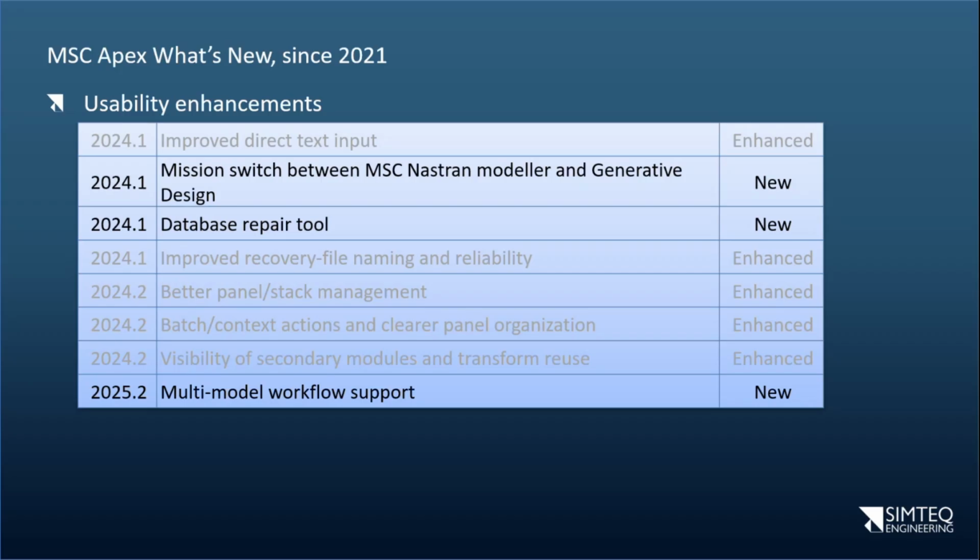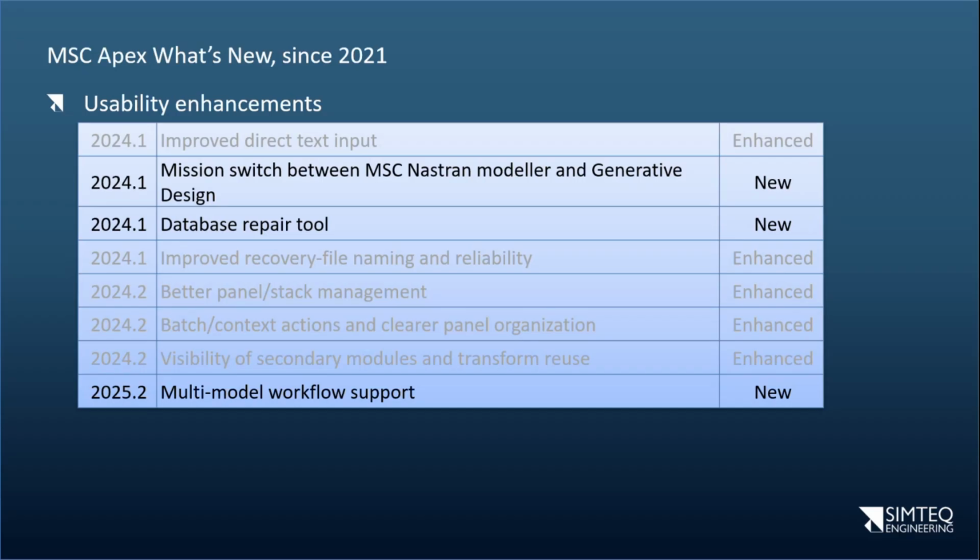Sorry. Then there's the improved recovery file naming and reliability. So that also helped to recover models. Then there's better panel and stack management for composites and the way they name and create those. Then the batch or context actions and clearer panel organization.